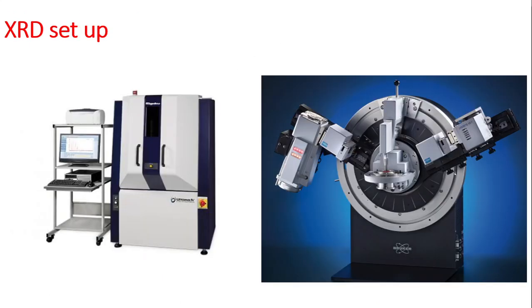Now XRD tools are quite complicated tools. As you can see here, this is a Rigaku Ultima 4, and basically they have this X-ray source on the left, and a detector on the right, which captures the reflected X-rays.